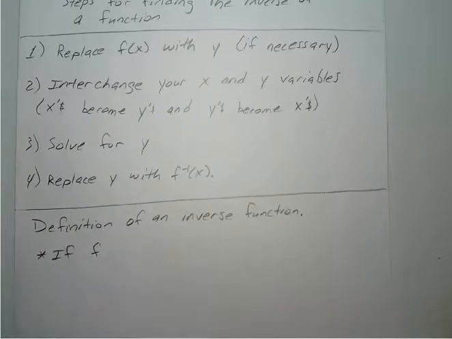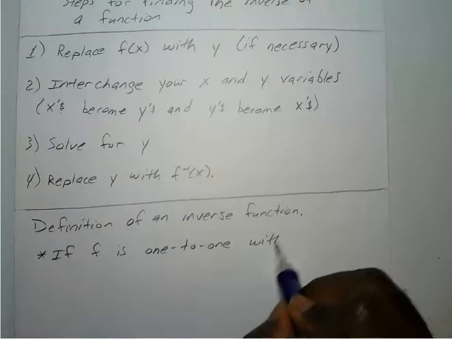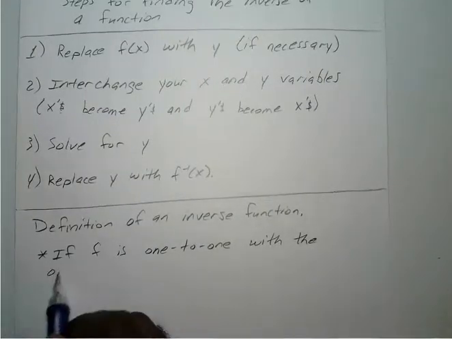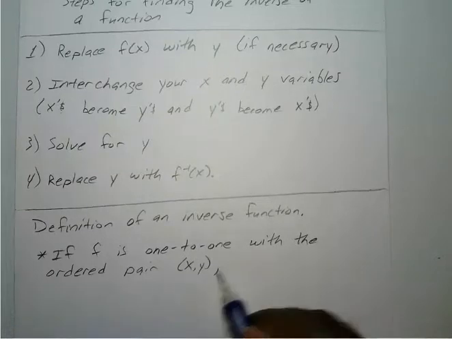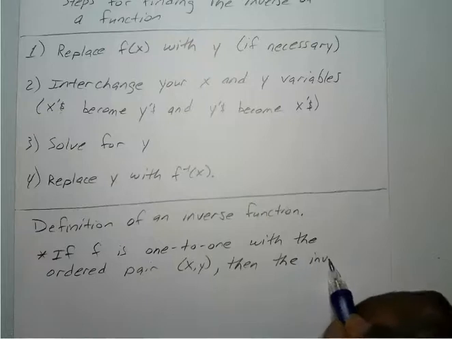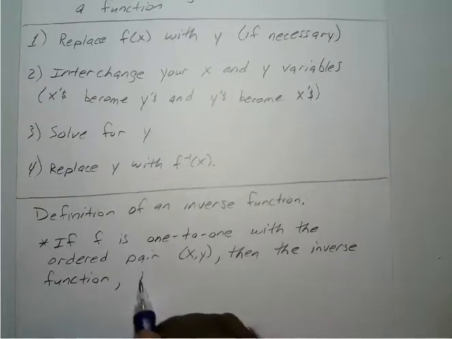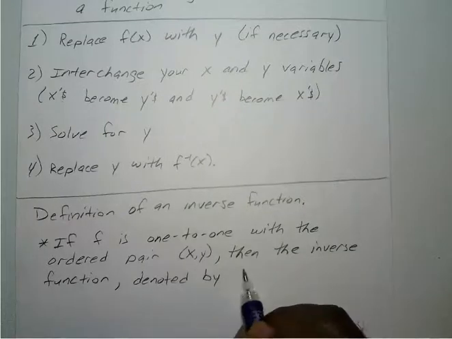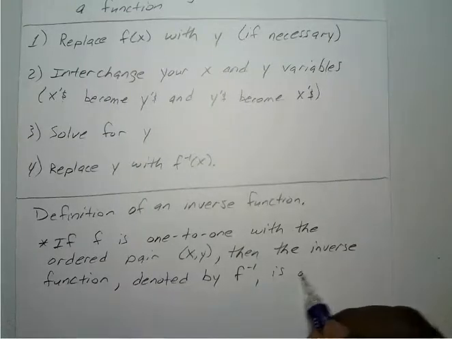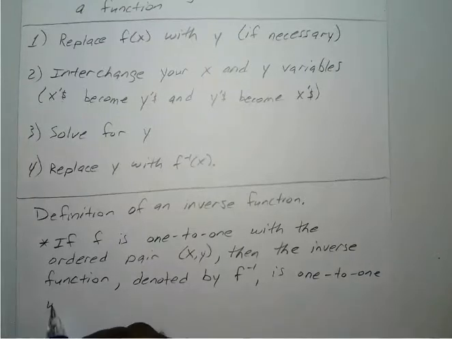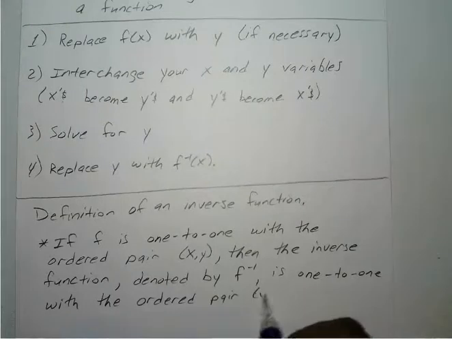Okay, so if you have some function f that is 1-to-1 with the ordered pair x comma y, then the inverse function, which we're going to denote by f inverse, is 1-to-1 with the ordered pair y, x.